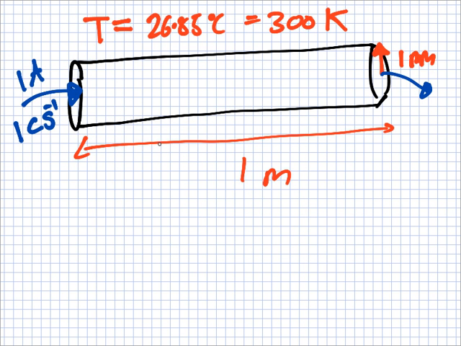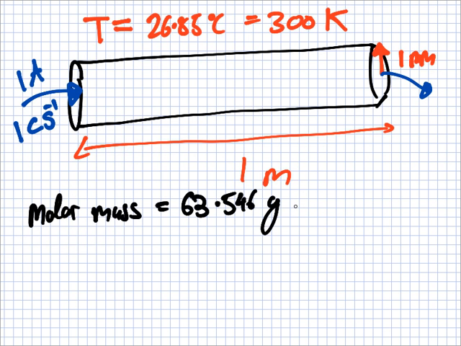What else do we know? We know quite a lot. We know the molar mass of copper. What letter? We'll just write molar mass. Molar mass is 63.546 grams in a mole. What else do we know? We know the density.